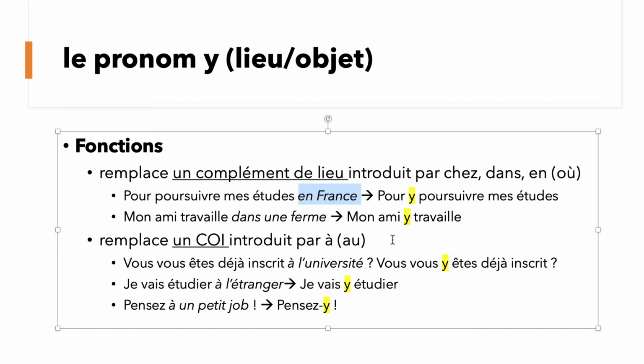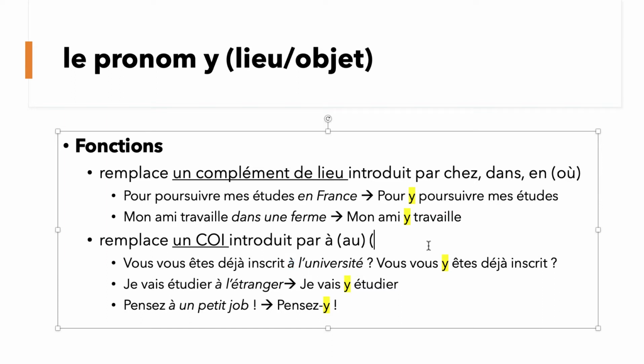Je parle à la classe, right? So that's what we've seen so far. But if we have a COI, you're asking the question à qui, right? So you have your complément de lieu here, a place, but then you also have that little preposition in front of it. That's when you know that you're going to be using y, okay? Number one, you're asking à qui, à quoi, right?